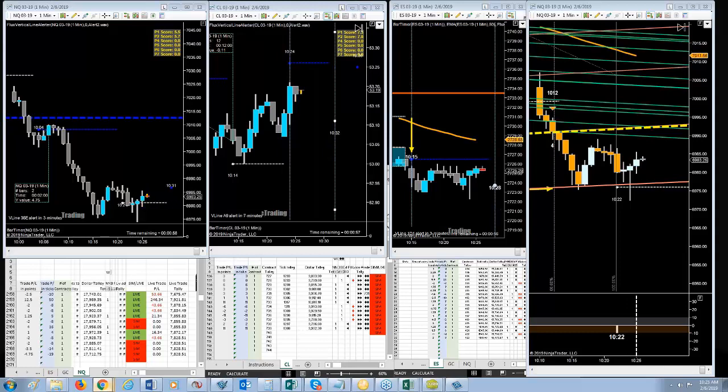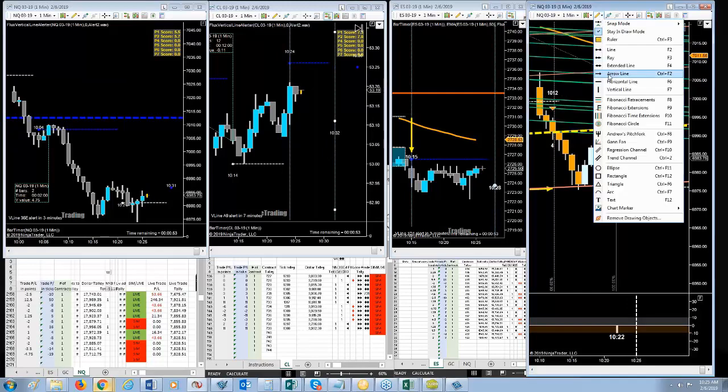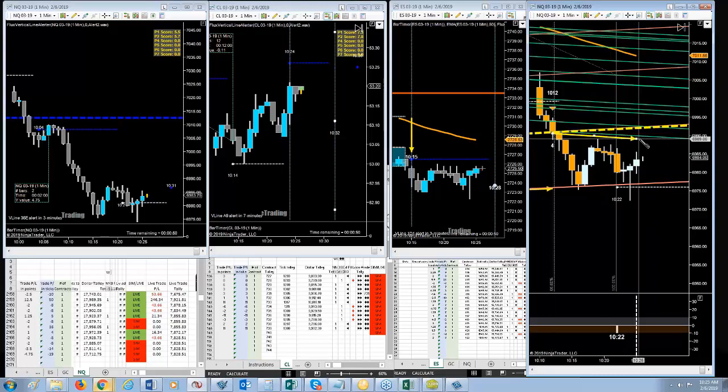What would the target be on the counter trend? Aggressive exit on the counter trend long would be here. Conservative exit would be here from 1022.